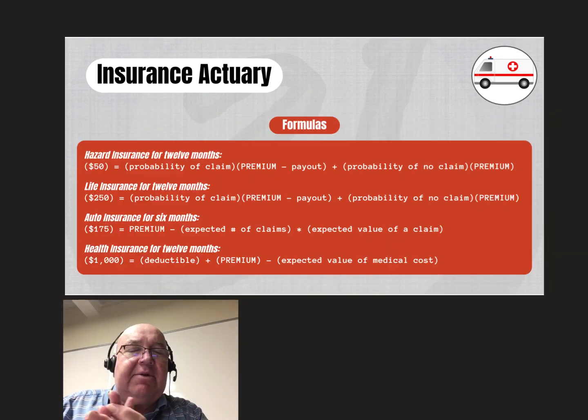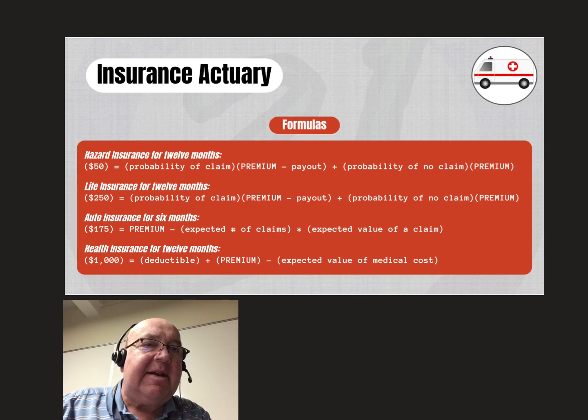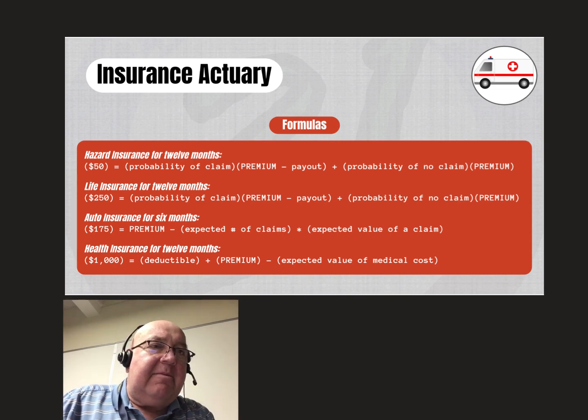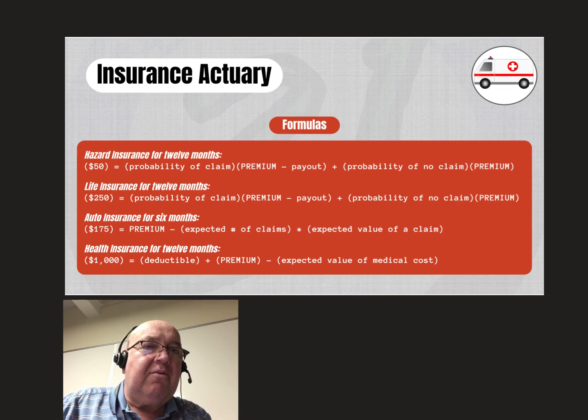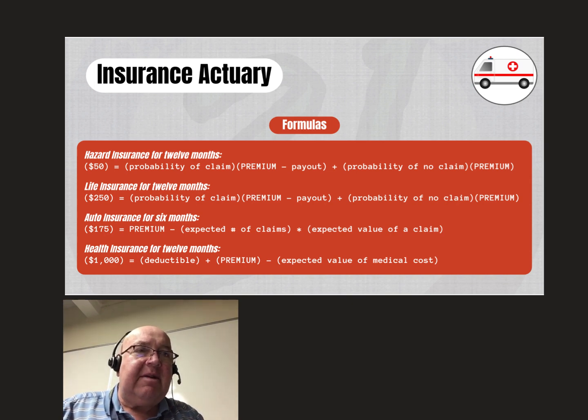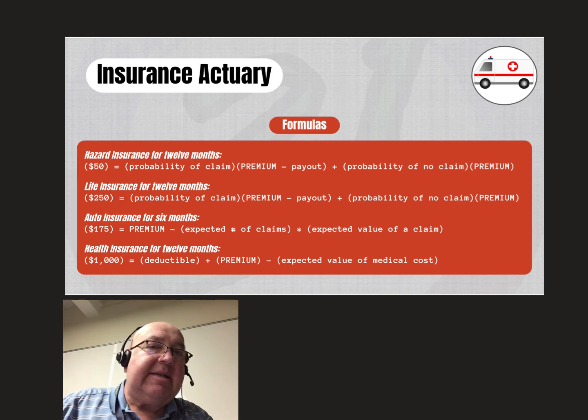What we have is the same things we've been doing all along. We're going to have the probability of claim times the premium minus payout, and the probability of claim or no claim times the premium. So remember, 1 minus the probability of a claim is the probability of no claim, or 100 minus.